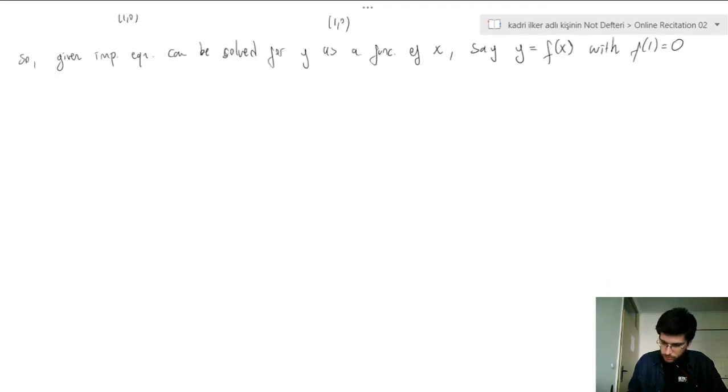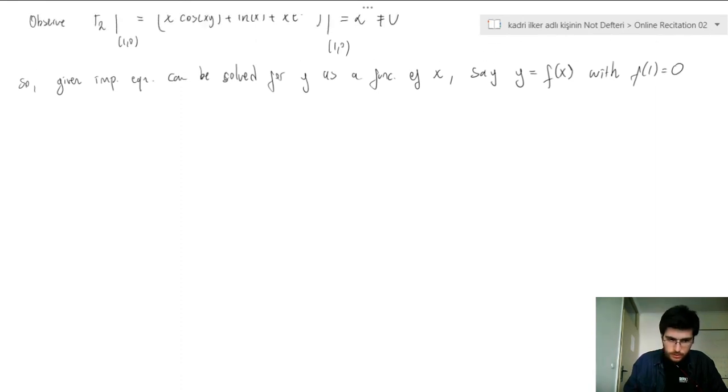So with this observation in hand, to find dy/dx, observe that we have a dependence relation. f itself depends on x and y, and y itself depends on x.